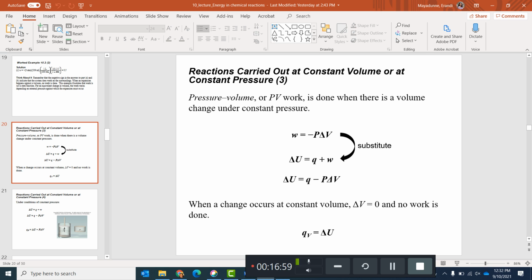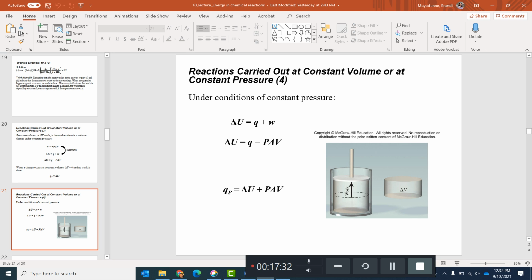If you think about this equation, delta U, the internal energy of the system, is Q plus W, and W is negative P delta V. When a change occurs at constant volume, there's no volume change, so no work is done. So the internal energy always equals the heat.